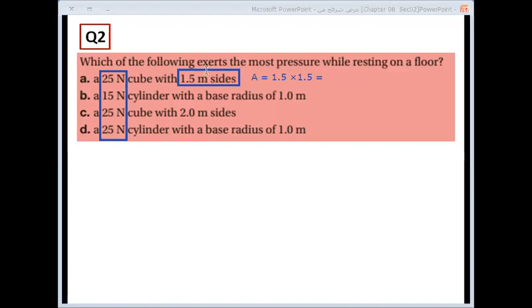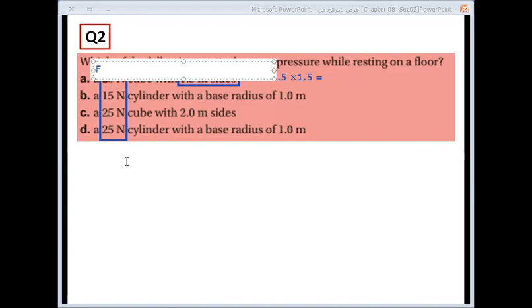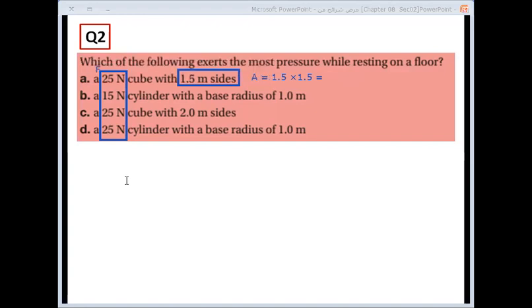Now we have the area, and this is the force. Okay, the formula says what, Karam? Formula says pressure equals force over area. Excellent, masha'Allah. Force divided by area.